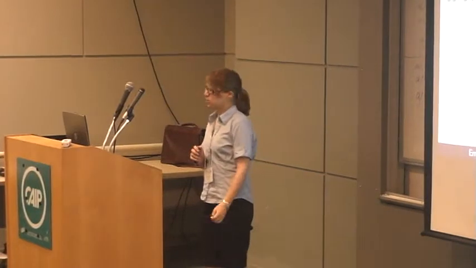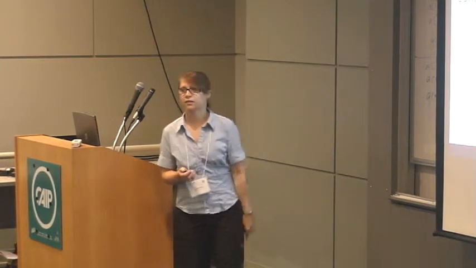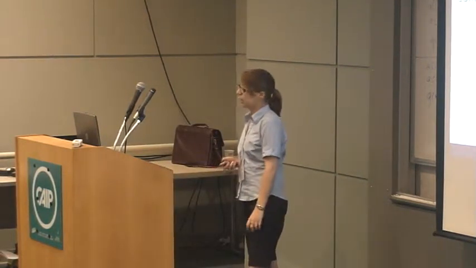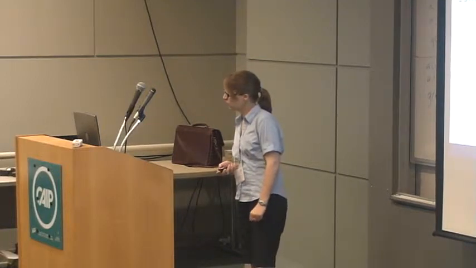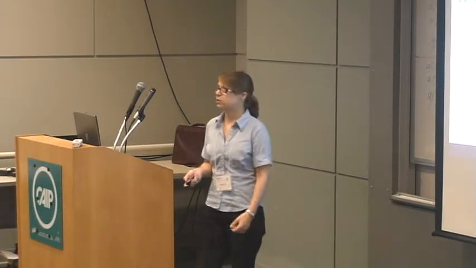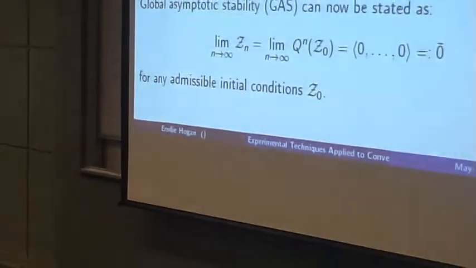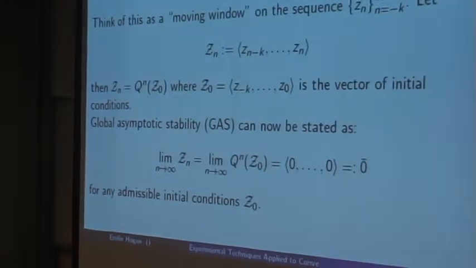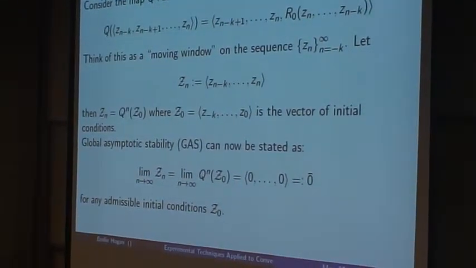Okay, so I'm just going to denote capital Z_n by the vector that ends at the nth term of the sequence. And now we have Z_n is going to be this q composed with itself n times on the initial condition. And this allows us to describe this global asymptotic stability as an easy limit of a function composed with itself n times, and we want this to go to 0 because we can move our equilibrium point to 0.